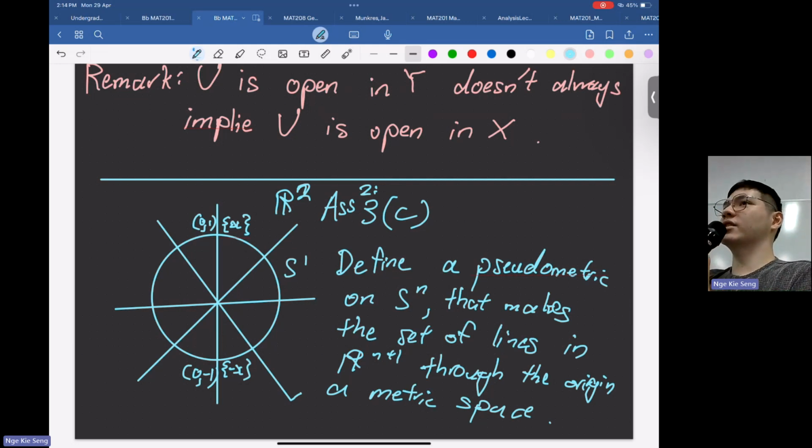To turn a pseudometric space into a metric space, you define the space under some equivalence relation, so that the equivalence relation implies that the two points are the same, and then you can map it into a metric space.